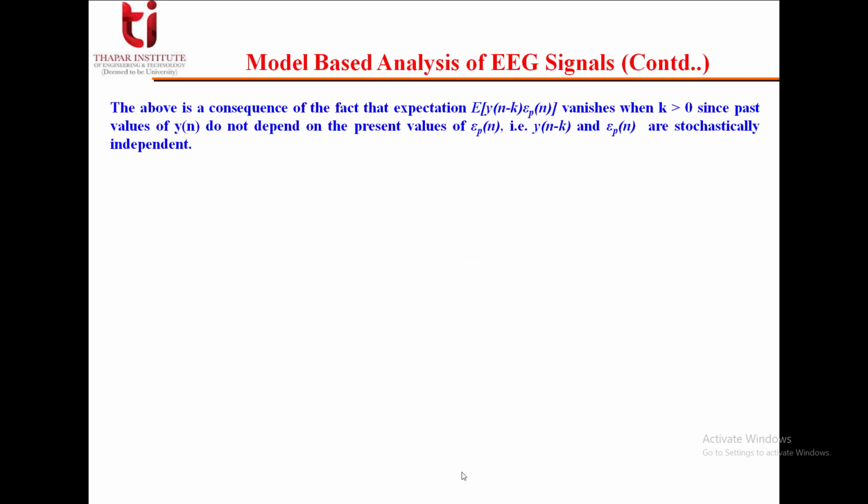This is a consequence of the fact that the expectation of y of n minus k epsilon pn vanishes when k is greater than 0, since past values of yn do not depend on the present values of epsilon pn, that is, y of n minus k and epsilon pn are stochastically independent.